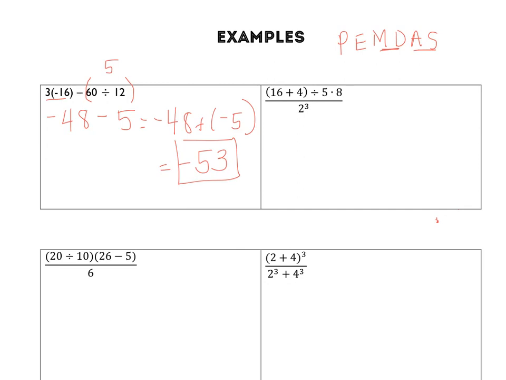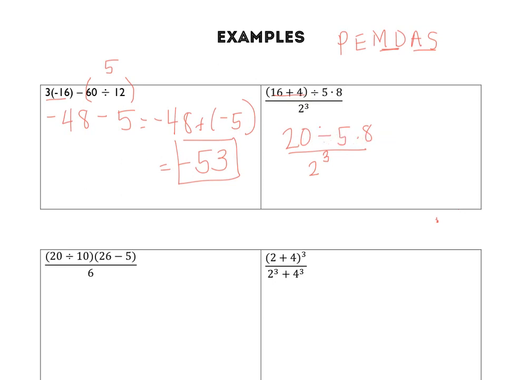Okay, over here, parentheses first, and that's going to give us 20 divided by 5, divided by 5 times 8 over 2 cubed. Okay, so we're going to work with the top part first, and again we have to go as we read, from left to right.